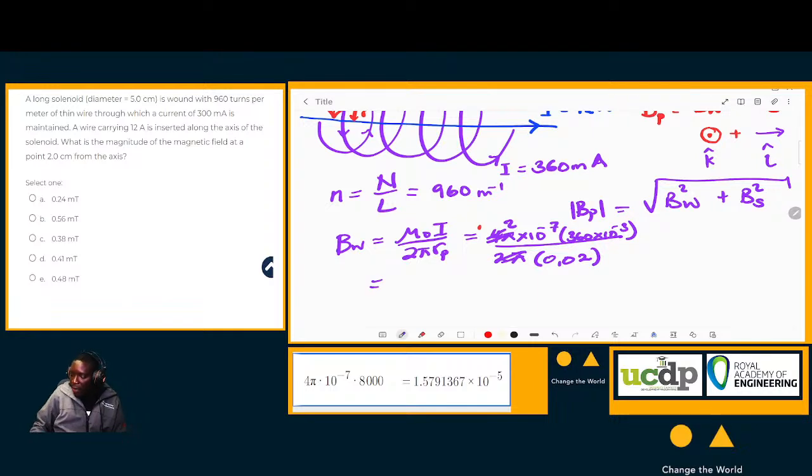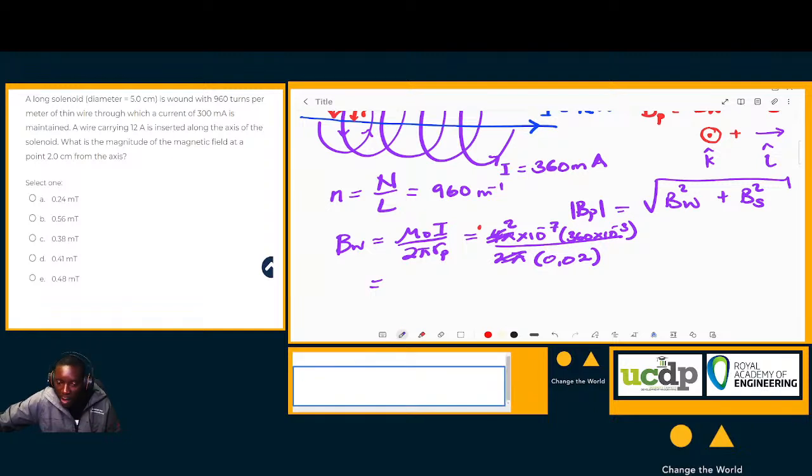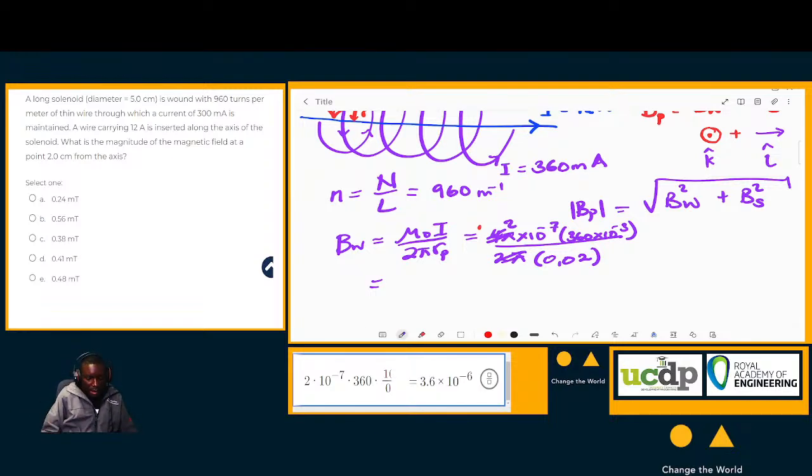We can express our BW as a single value, 2 times 10 to the minus 7 multiplied by 360 milli, and then we divide by 0.02. We get 3.6 times 10 to the minus 6.